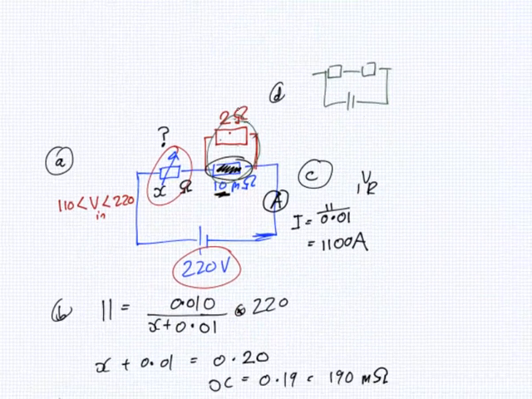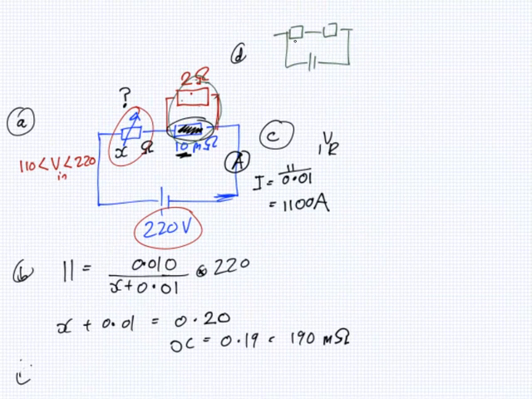So what we'll do is we'll add the two together to make 1 here. So that's 1 over R equals 1 over 2 plus 1 over 0.01.